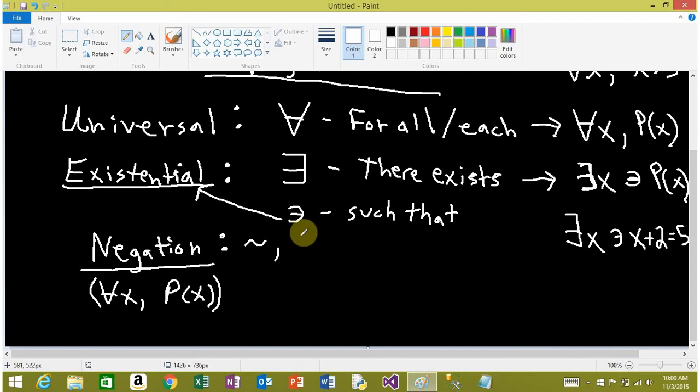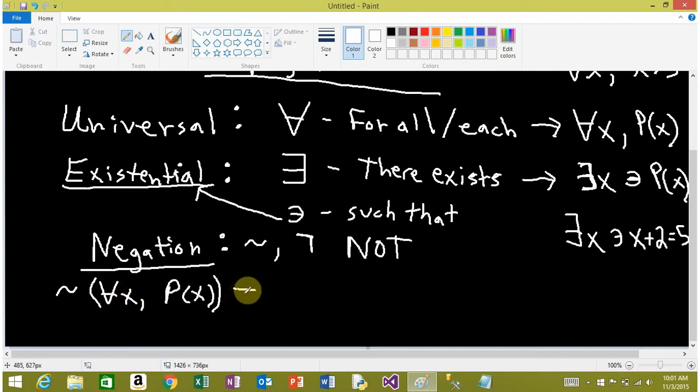Or we can use the rotated uppercase L shape symbol. That's also for not. So when we find the negation, we're just finding the opposite truth value or opposite statement. So if for all x, p of x is true, then the negation would give us the opposite truth value, meaning that it's false.